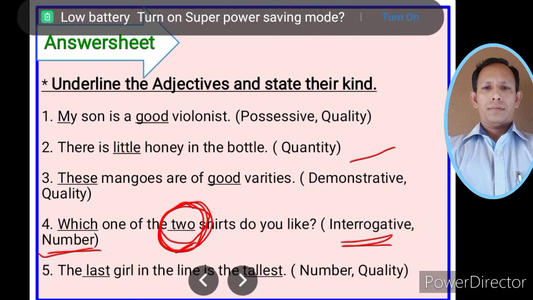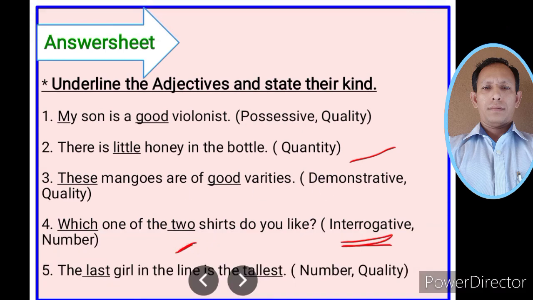Let's proceed with the last sentence of the exercise. The last sentence is, the last girl in the line is the tallest. Here the adjectives are last and tallest. The adjective last is showing the position of the girl.